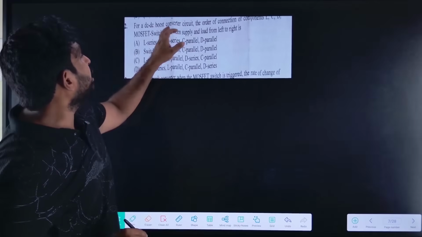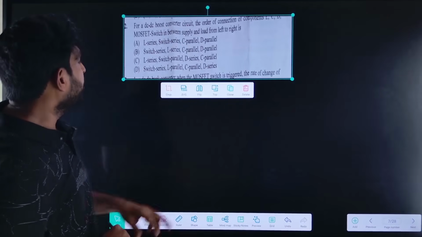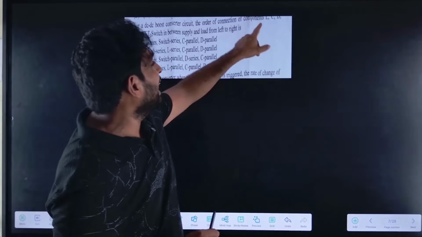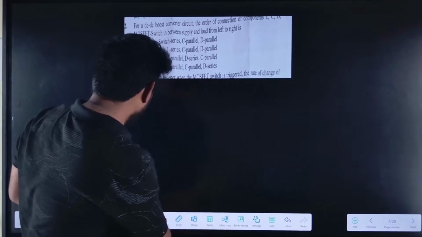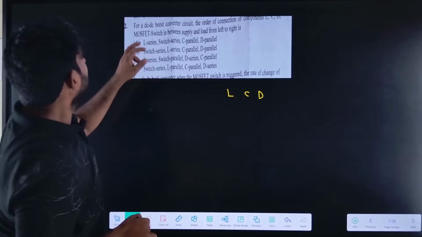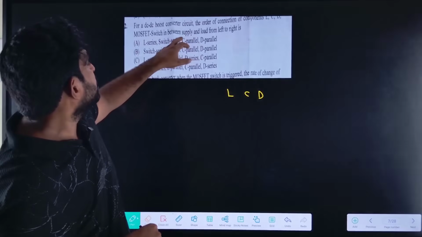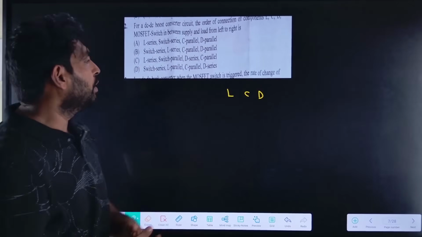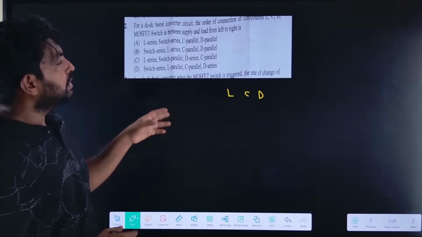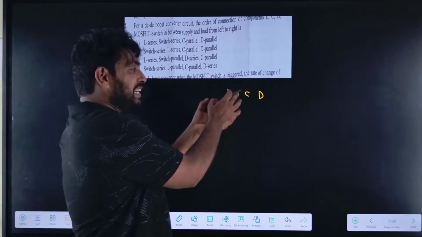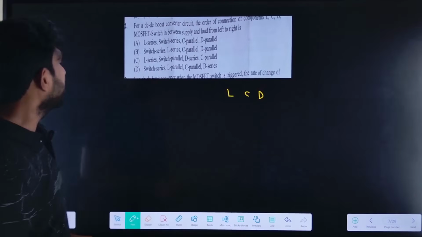For a DC to DC boost converter, the order of the components L, C, D, with the MOSFET as the switch between supply and load, from left to right. So let us see how the L is connected, how the C is connected, how the D is connected.